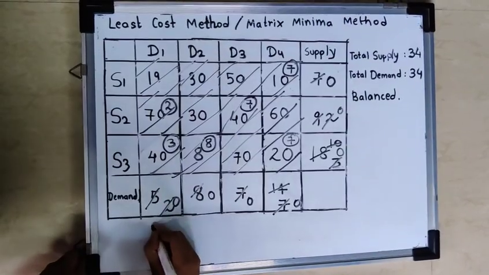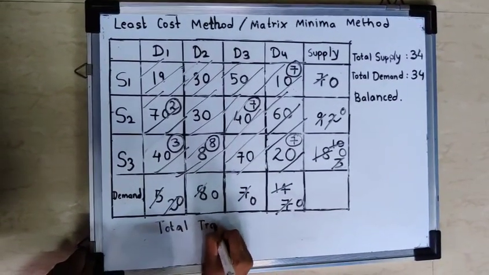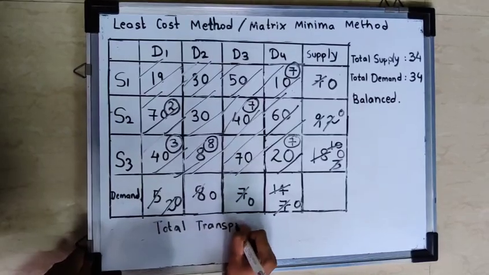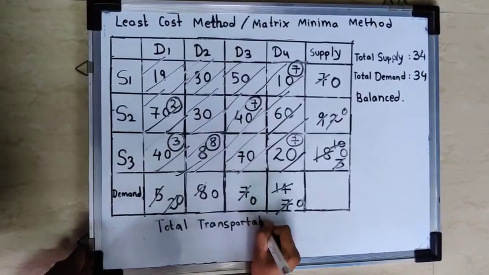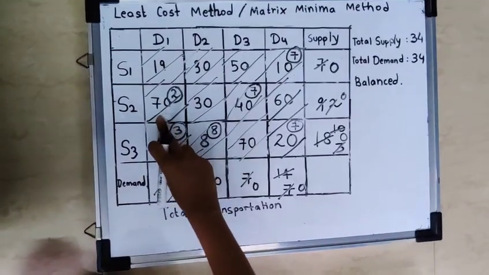The next step is to find the total transportation cost. How do we find it? We see the allocated values and multiply them with the cell values.